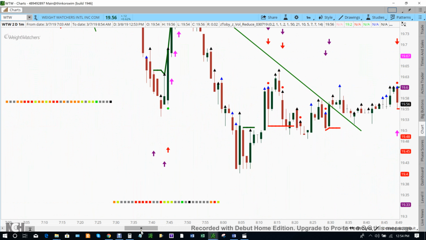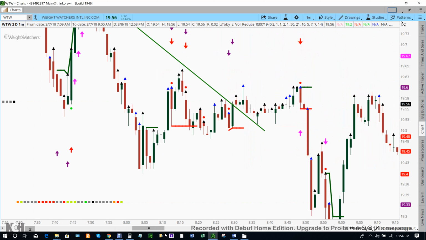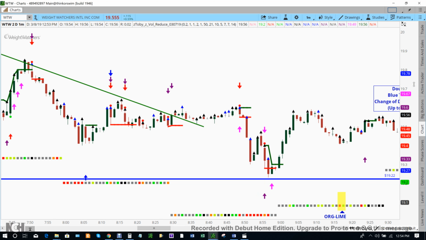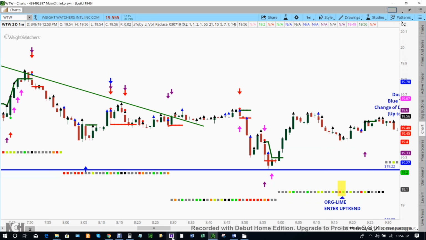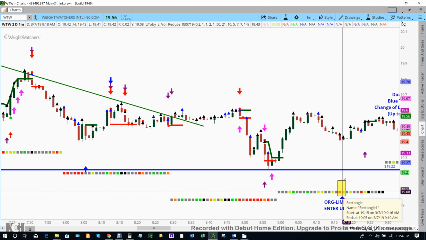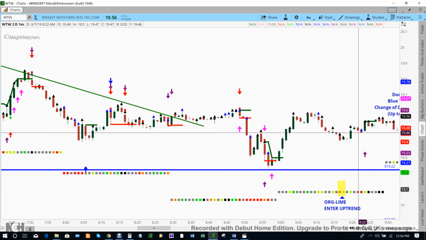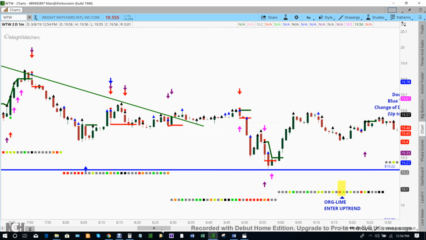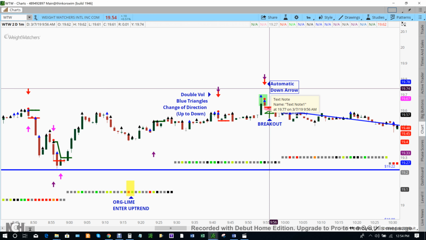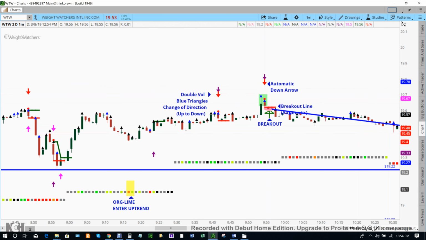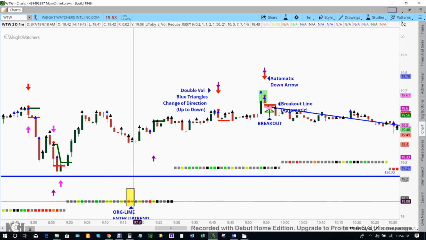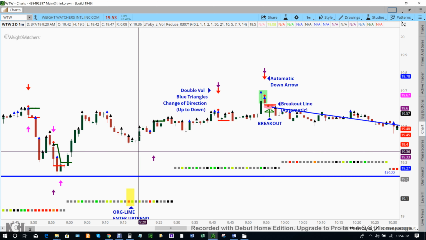What's good to see is how you can enter the day. The beginning of the day is tricky, so I also wanted to show you the orange line. Here's an orange line, and the price goes up and keeps going up until we get a double volume. When I was trading today, I didn't know about the orange green thing.